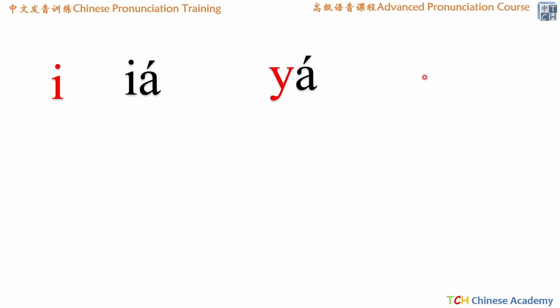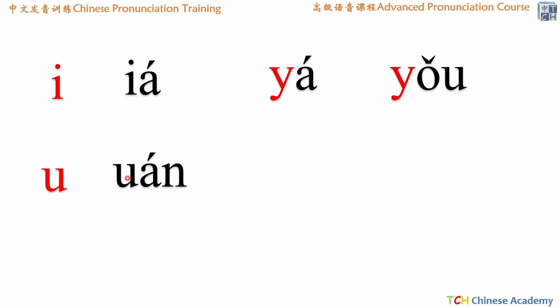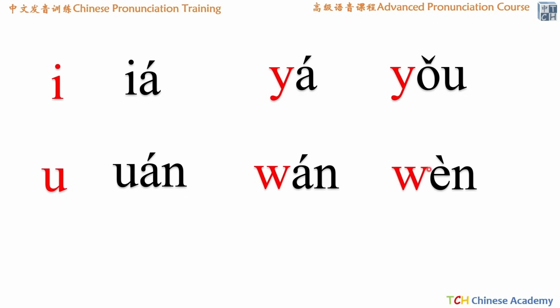In the same way, i, ou, you, to have. So instead of i, it's y: ya and you. And as for u, an, wan, if this pinyin is used as an independent word, it is written as wan. And in the same way, u, en, wen.